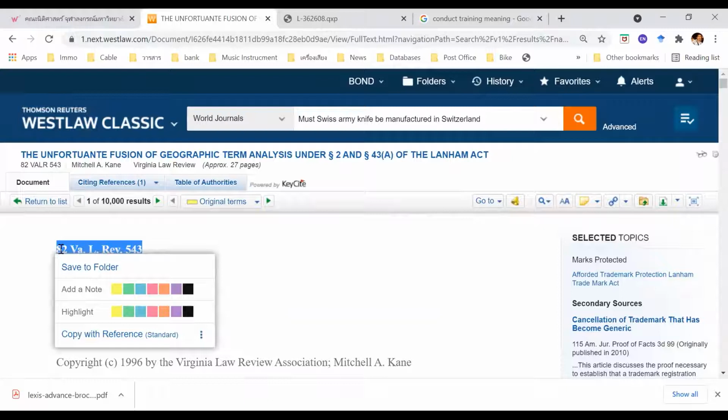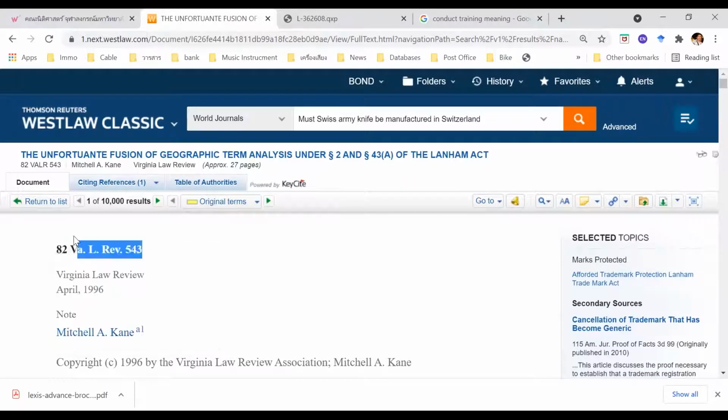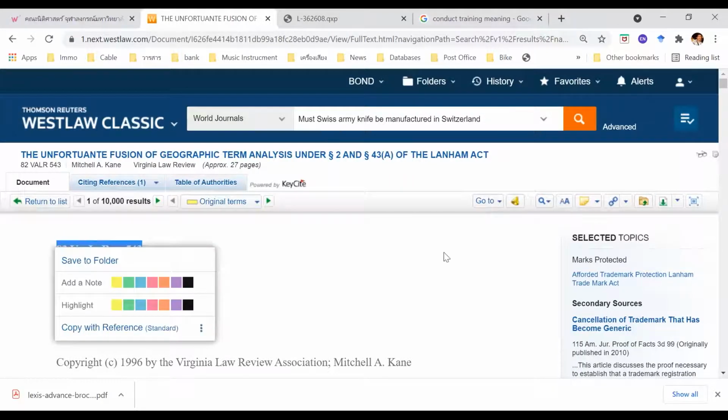Suppose I just copy this for later use and place it in Microsoft Word for later use. I just come back again.